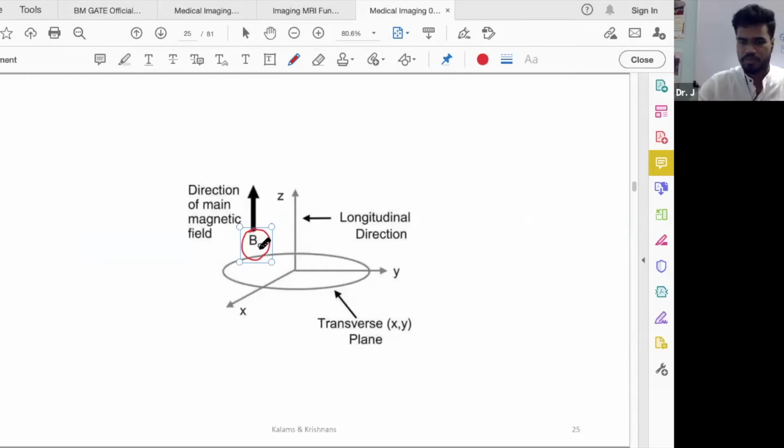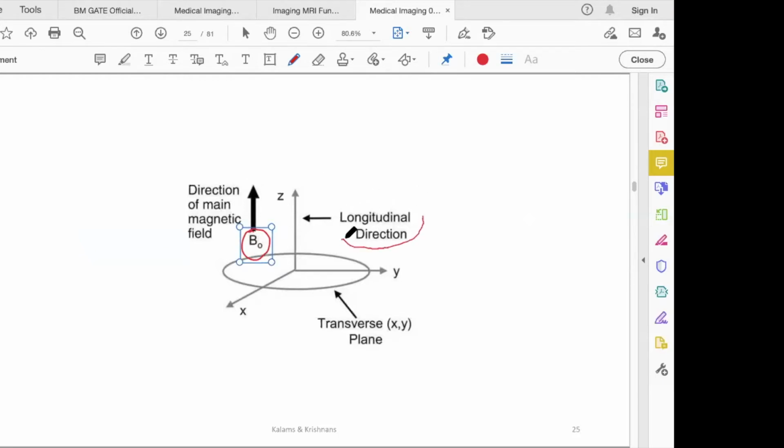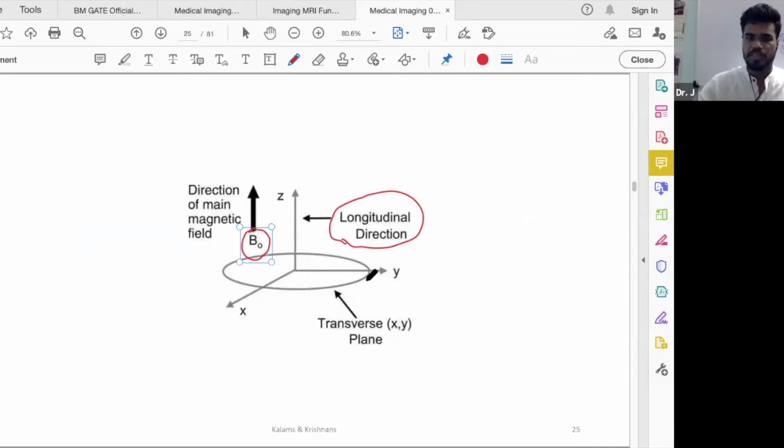It is applied in a certain direction in the MRI machine, known as the longitudinal direction, usually given as Z. The plane perpendicular to it is the transverse plane, which has the X and Y axes. This is simple directional terminology, a standard in MRI. Are you with me till now?